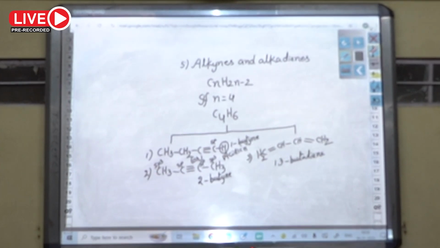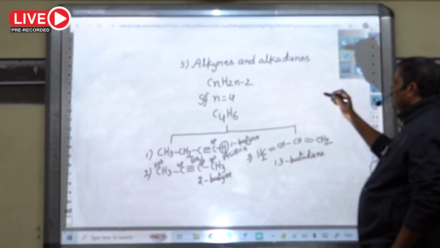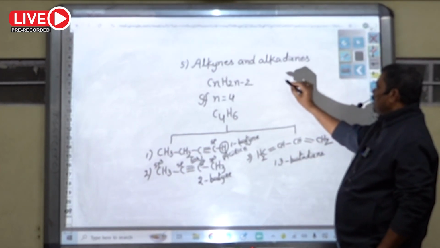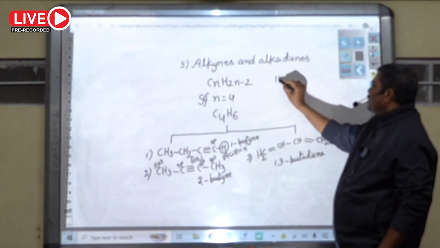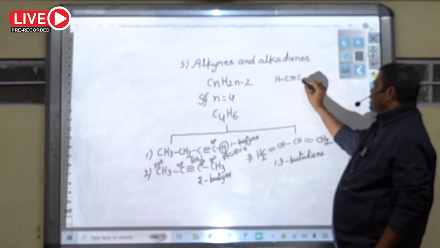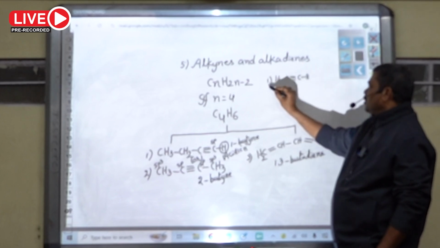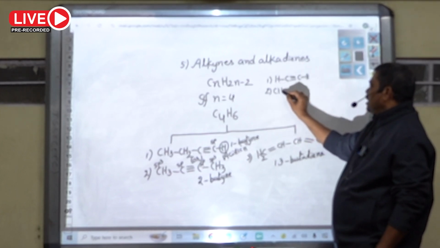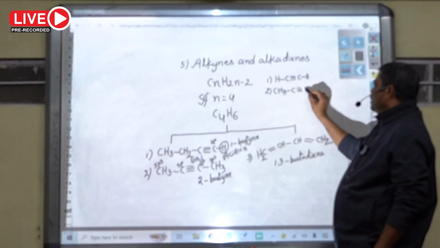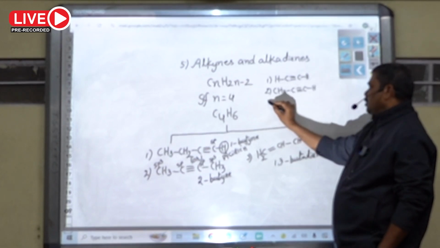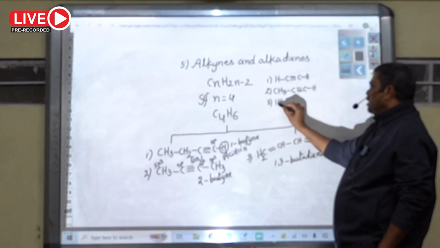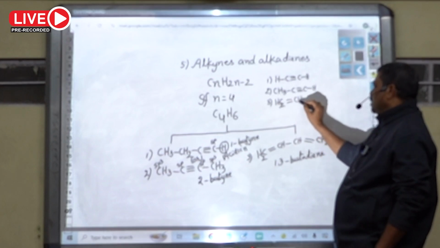I think in one of your papers I have seen these three compounds. CH triple bond CH, one compound. CH3C triple bond CH is another compound. CH2 double bond CH2 is another compound.